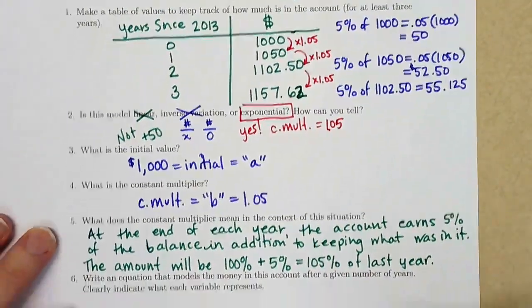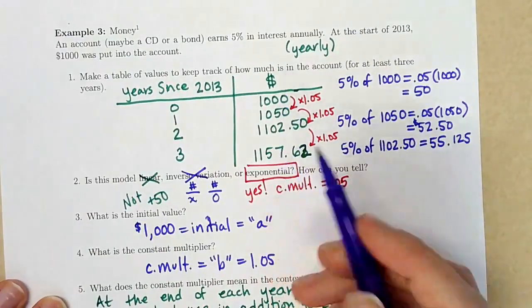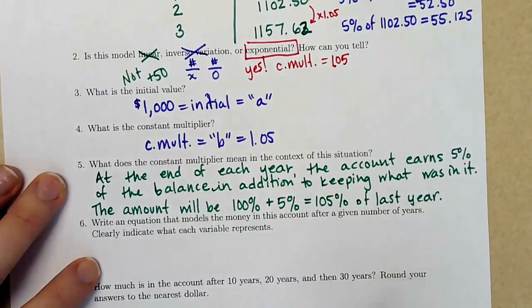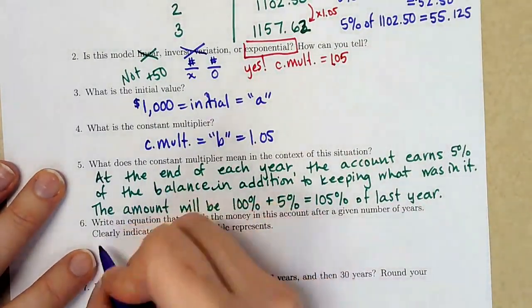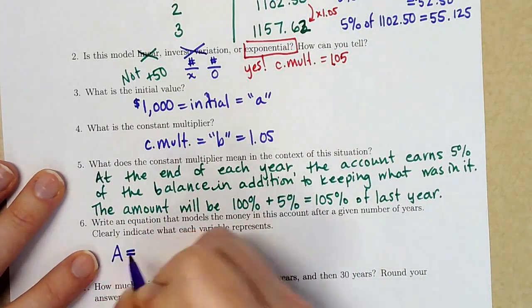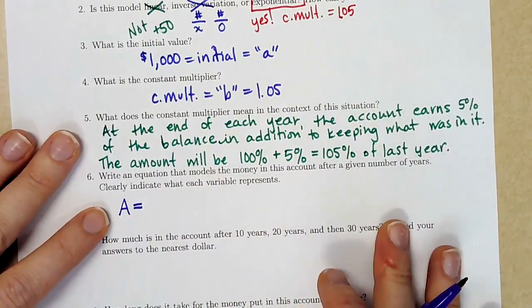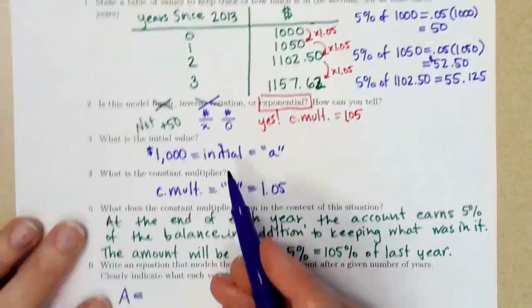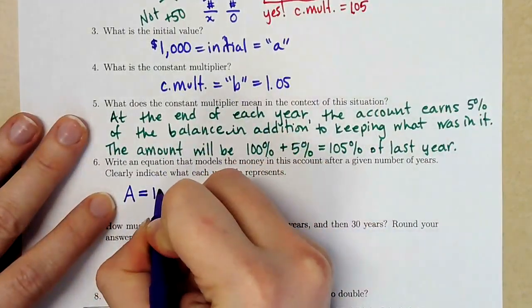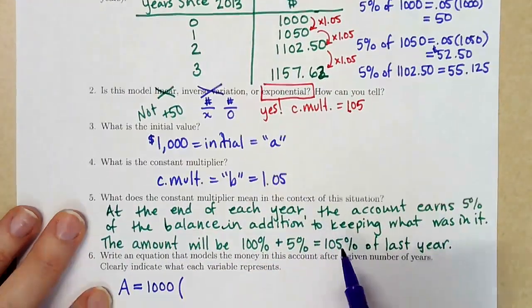Well, since 2013. So I would call this, I don't know if you want to call it M for money, V for value, C for cash. I'm going to call it A for amount in the account, just because that's what business people call it. And the initial amount was 1,000. The constant multiplier was 1.05.